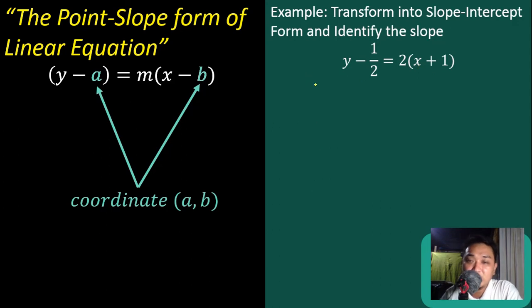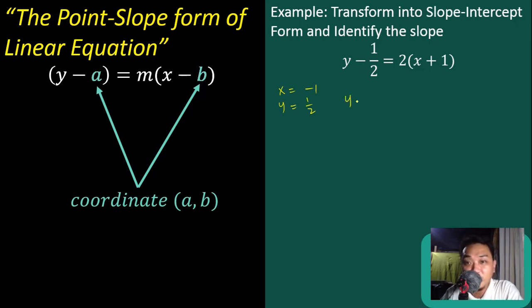So try natin. Yamang yung value ni h, or yung pinaka x natin, ito po, negative 1, tapos yung pinaka y natin is 1/2. Ano kayang mangyayari kung i-translate natin to into slope intercept form? So how?